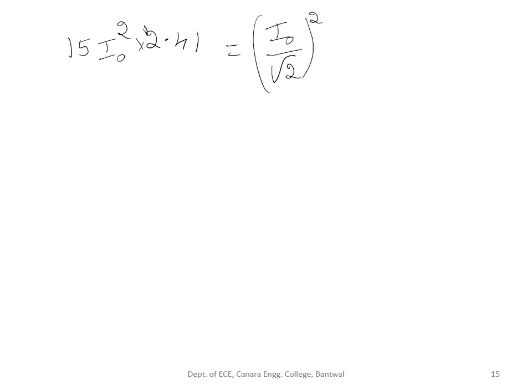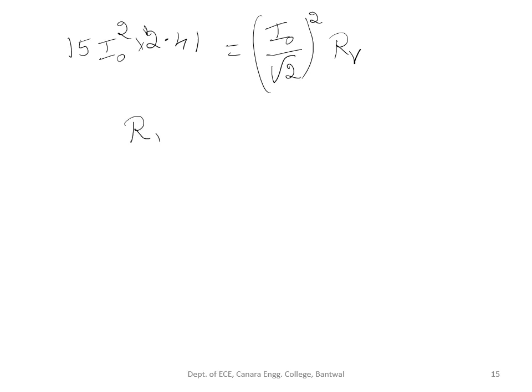Radiated power P must be equal to the square of the RMS current flowing on the antenna times the radiation resistance. Therefore, radiated power P, that is 30 I naught square into 2.41, is equal to the square of the RMS value of the current into radiation resistance.